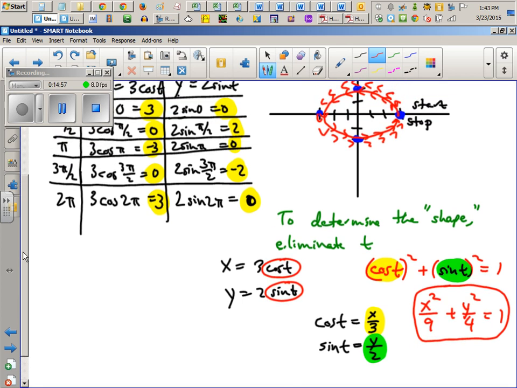Okay, so is the red thing an ellipse? Technically, it's not an ellipse. The path is an elliptical path. The object is moving twice around an ellipse.